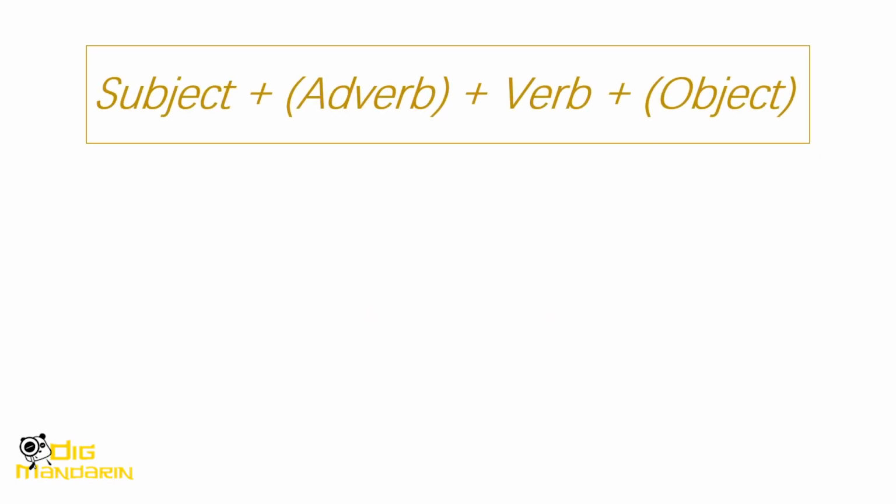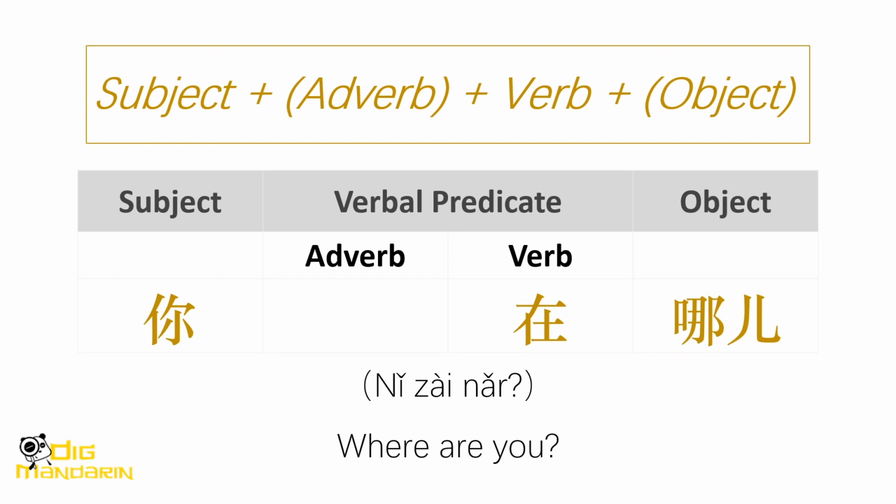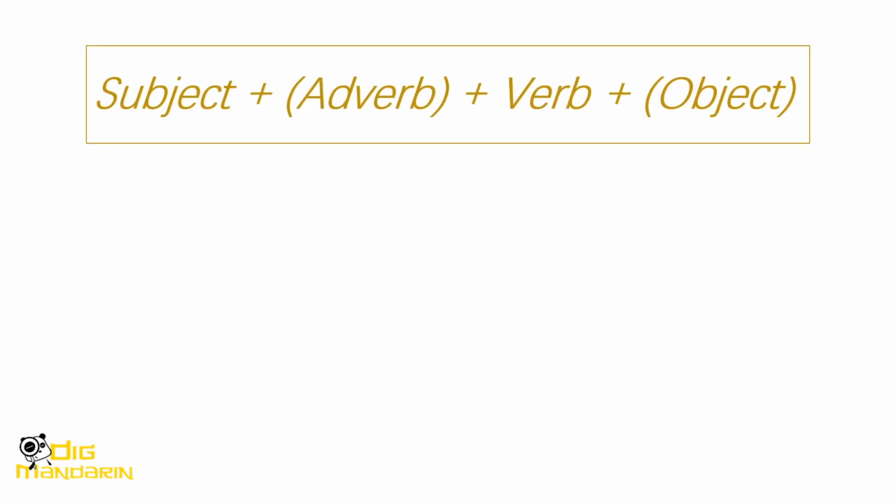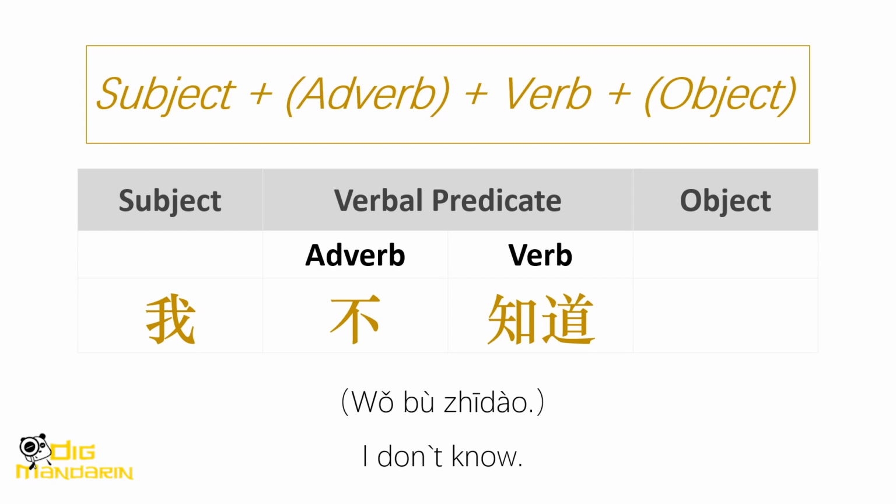Example 3. 你在哪儿 Where are you? Example 4. 我不知道 I don't know.